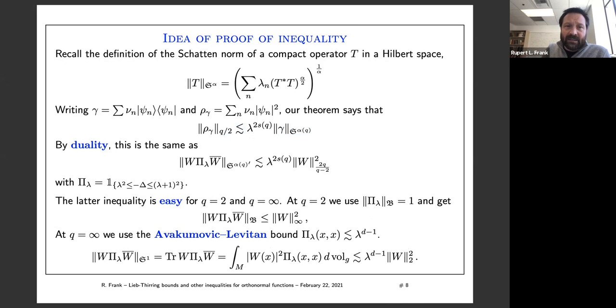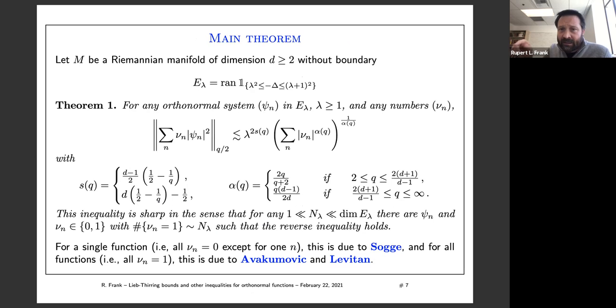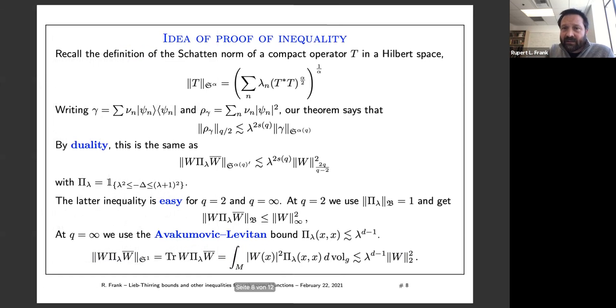There were these numbers nu n, which I threw in, which you can think of as 0s and 1s if you want. But you can put them together and form an operator gamma. And so on the right side of the inequality, this little L alpha norm is nothing else than the Schatten alpha norm of this operator gamma.